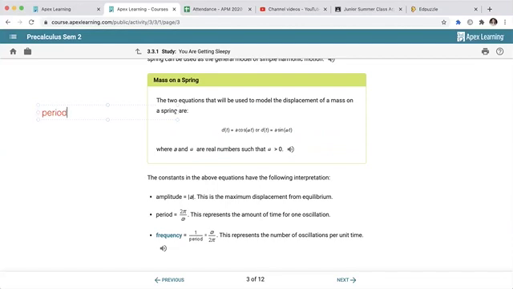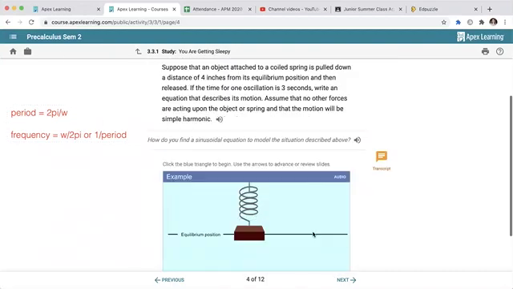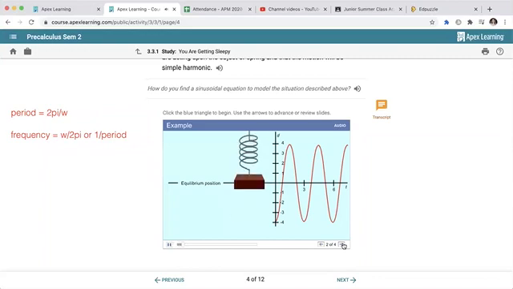Our period is equal to 2 pi over w, and our frequency is equal to w over 2 pi, or 1 over our period. So I'll put those here so that we can see them.